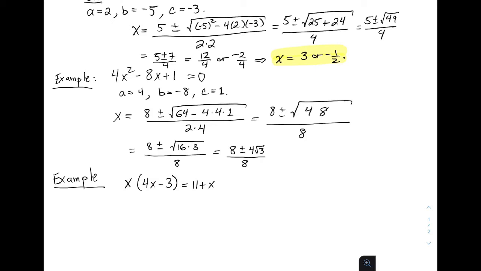Divide numerator and denominator by 4. Distribute that division in the numerator. We get 2 plus or minus square root 3 over 2. So x is 2 plus square root of 3 over 2, or x is 2 minus square root of 3 over 2.